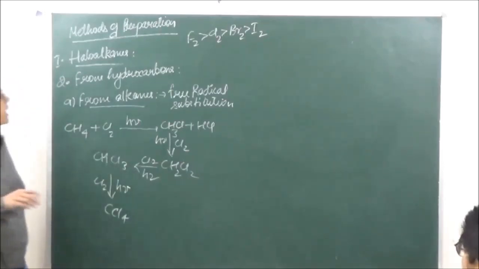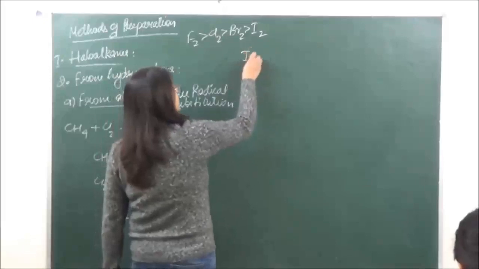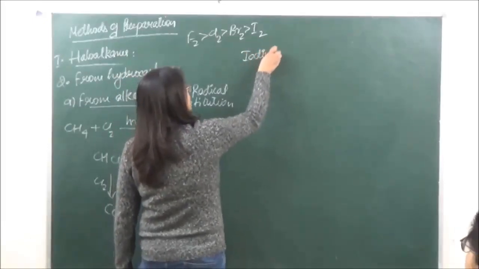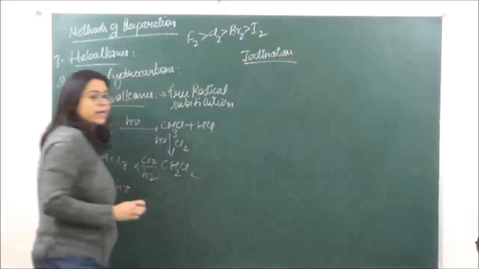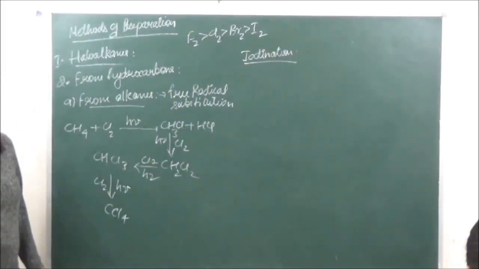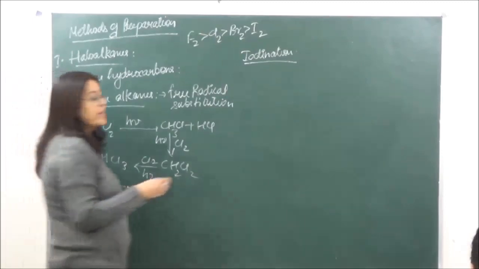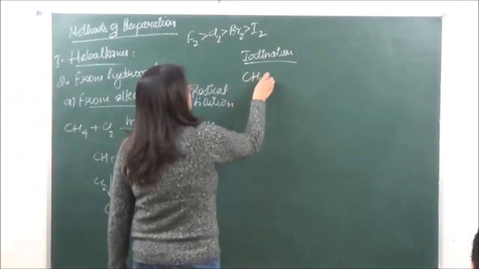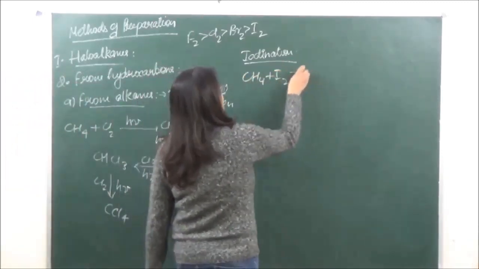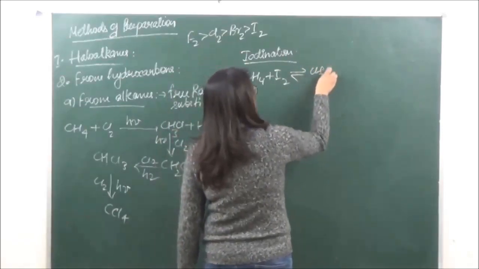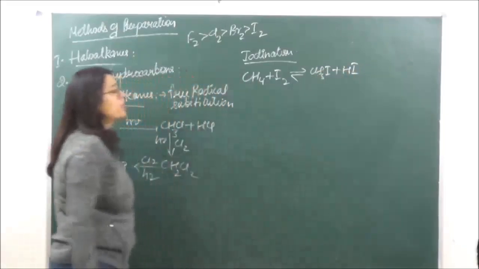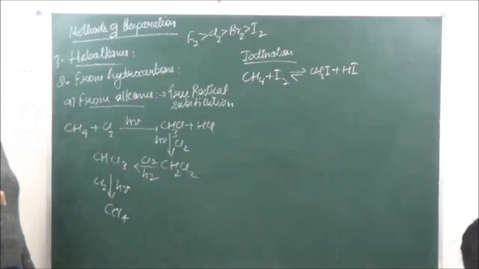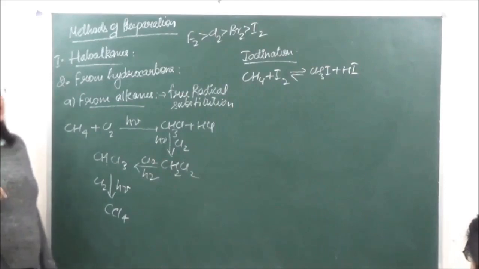Now when we are doing the iodination, iodination is going to be a reversible process. Okay, so if we are doing iodination over here, we are getting CH4 plus iodine to give us CH3I plus HI. As the reaction is reversible, the products can easily react with one another to give us the reactants back.